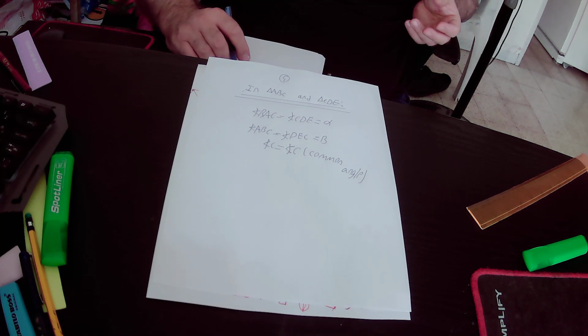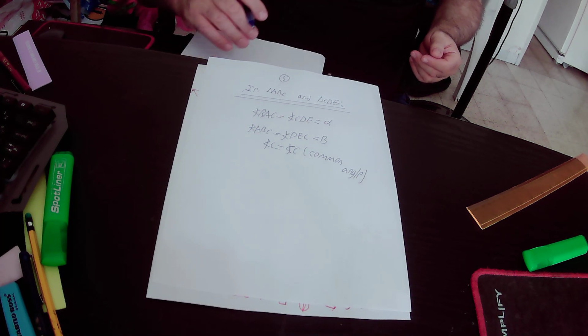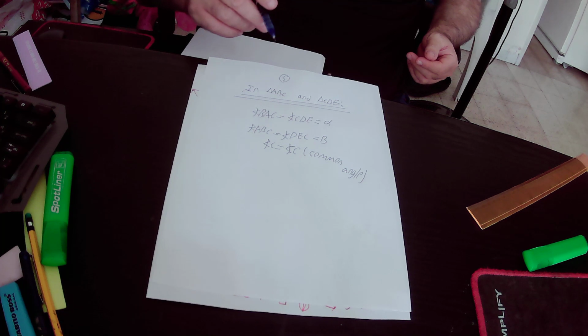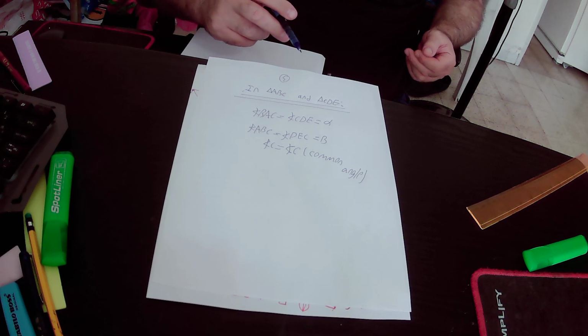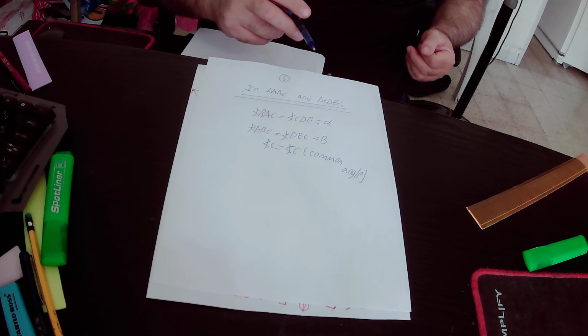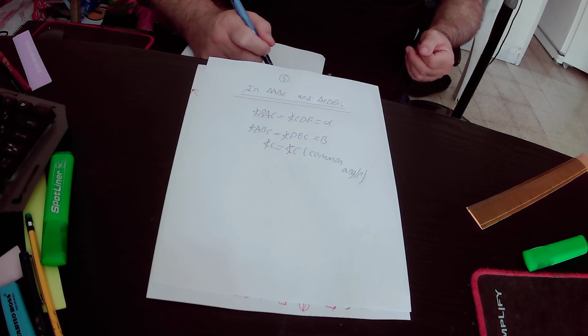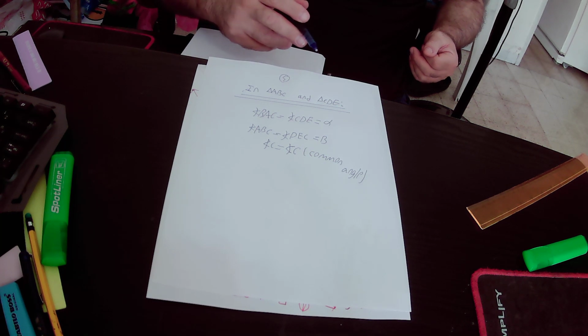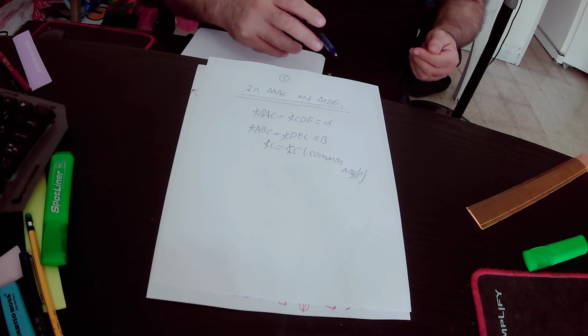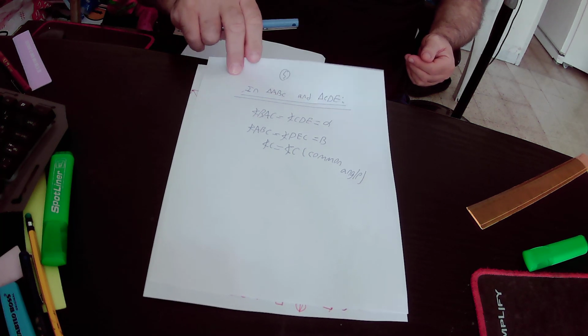So we actually proved that the three angles of triangle ABC are equal to the three angles of triangle CDE. So actually we can say that triangle ABC is similar to triangle CDE according to the angle similarity rule. So I will write it down.